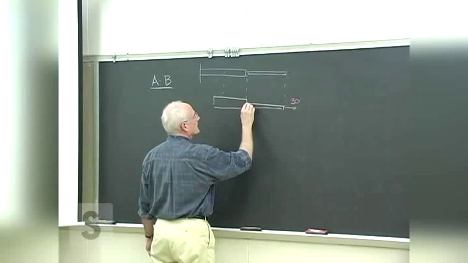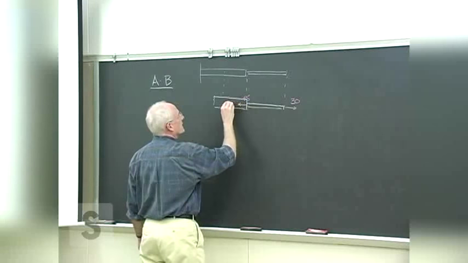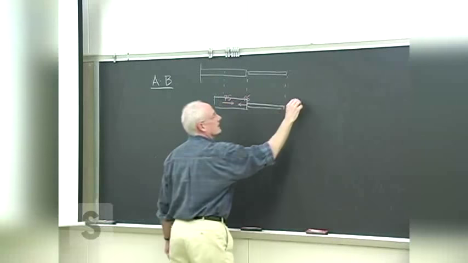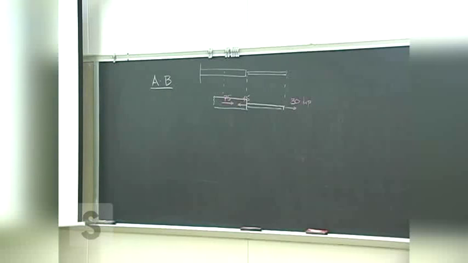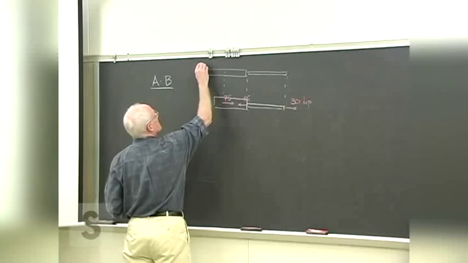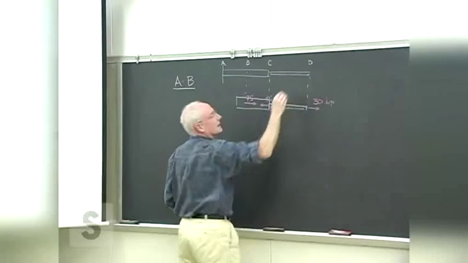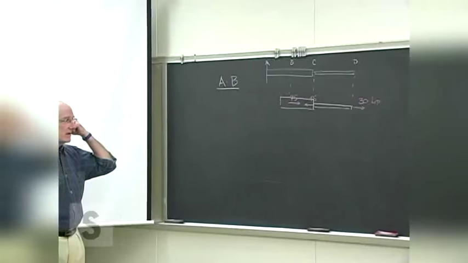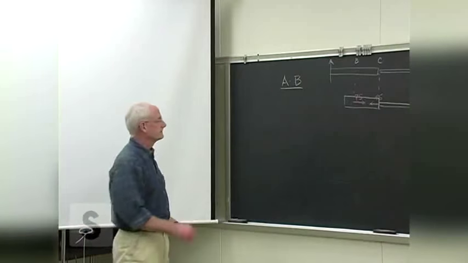We've got 30 kip there, 45 there, and 75 there. These are all kips. I put an imaginary cut in section AB so I can figure out what the load is there. And once I figure out what the load is, I can then use the modulus of elasticity, the cross-sectional area, and the original length to figure out the deformation in that section.